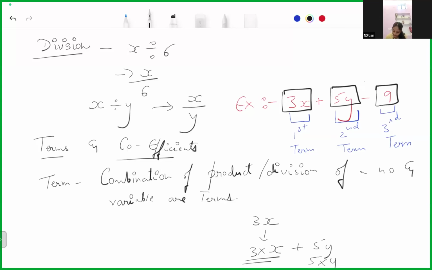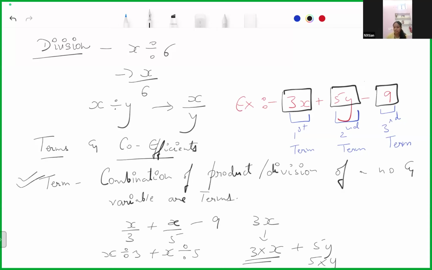If it was like this, x upon 3 plus x upon 5 minus 9, now this is in division. X upon 3 means x divided by 3, plus x upon 5 means x divided by 5. This is the definition of term.